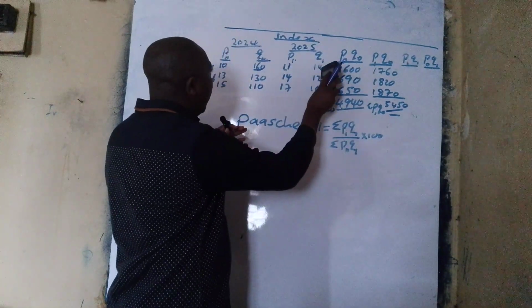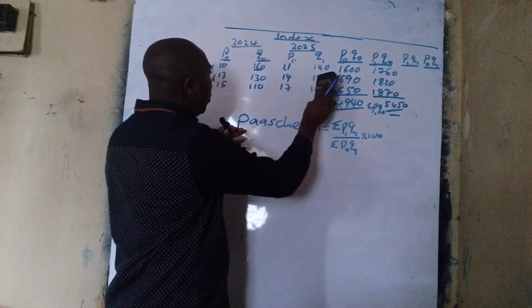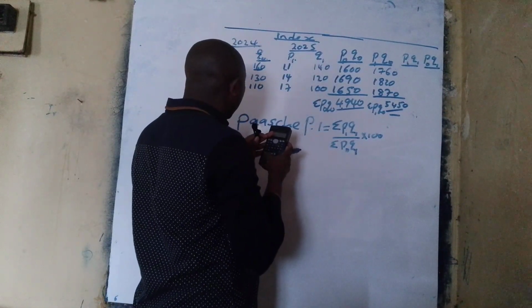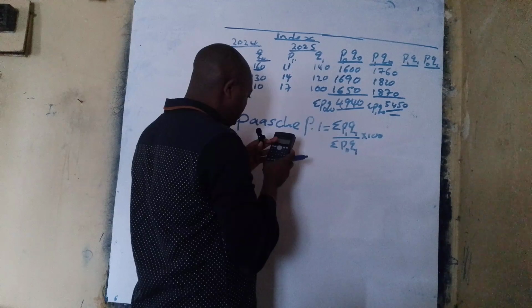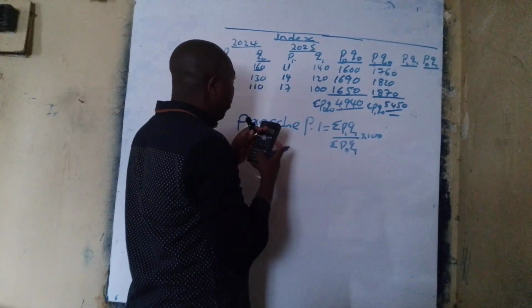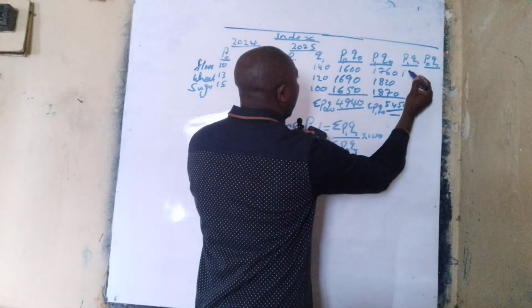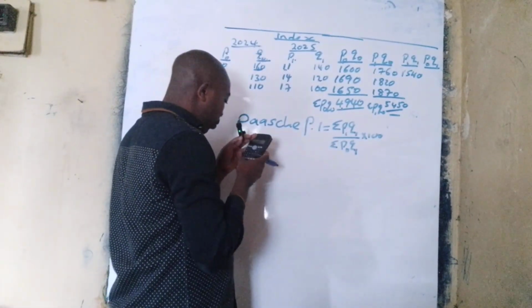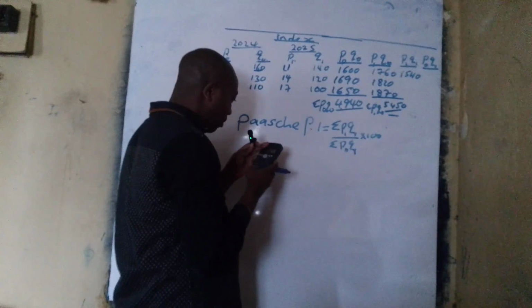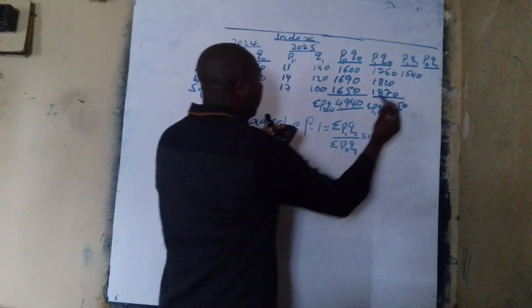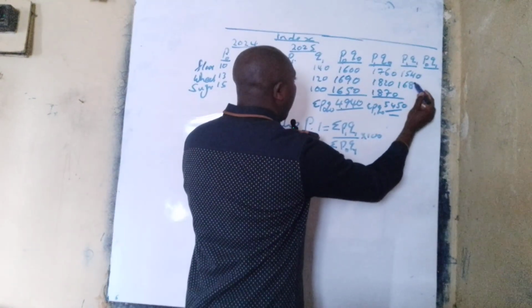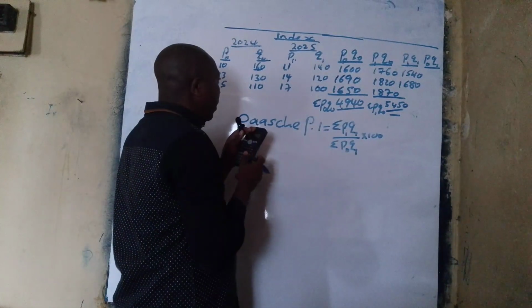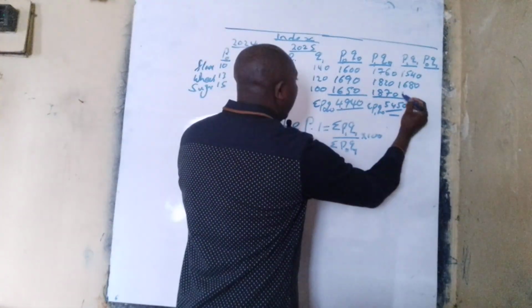P1Q1: 11 by 140, that is 1540. 14 by 120, that is 1680. 17 by 100, 1700.